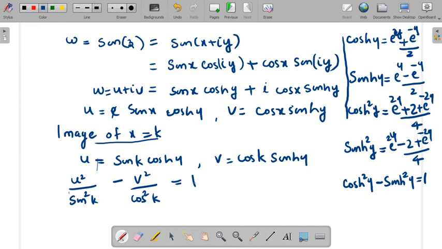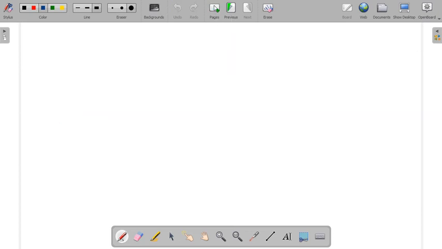And what is this curve? u square by sin square k minus v square by cos square k equal to 1. What is this curve?